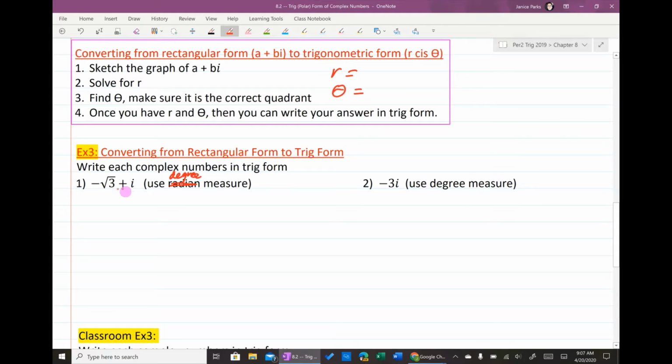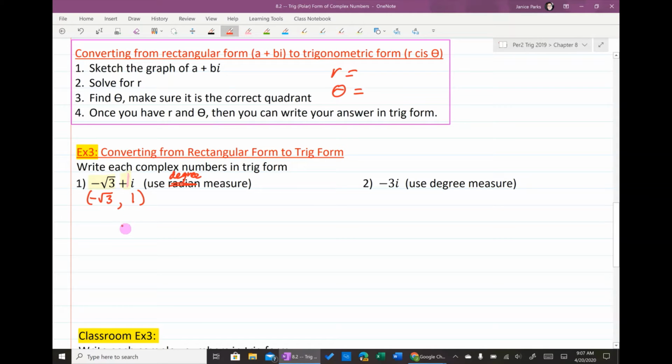So for the first problem, we need to sketch this picture. Again, you kind of look at this as negative radical 3 comma 1, because those are the coefficients here. This is like a 1. And even though this is adding together in rectangular form, you're just looking at the coefficients.